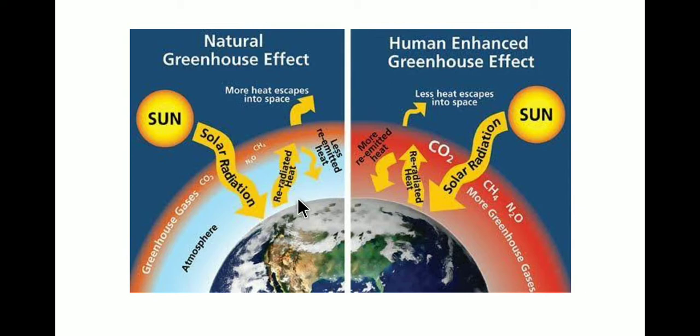So this is the overall natural greenhouse effect. But with human activities, the greenhouse gases, those are carbon dioxide, methane, these gases have increased over the years. Okay, and because of the thickness of these greenhouse gases, more and more heat energy is getting trapped inside as the solar radiation gets through. More heat energy is trapped inside because none of the rays can escape into space.